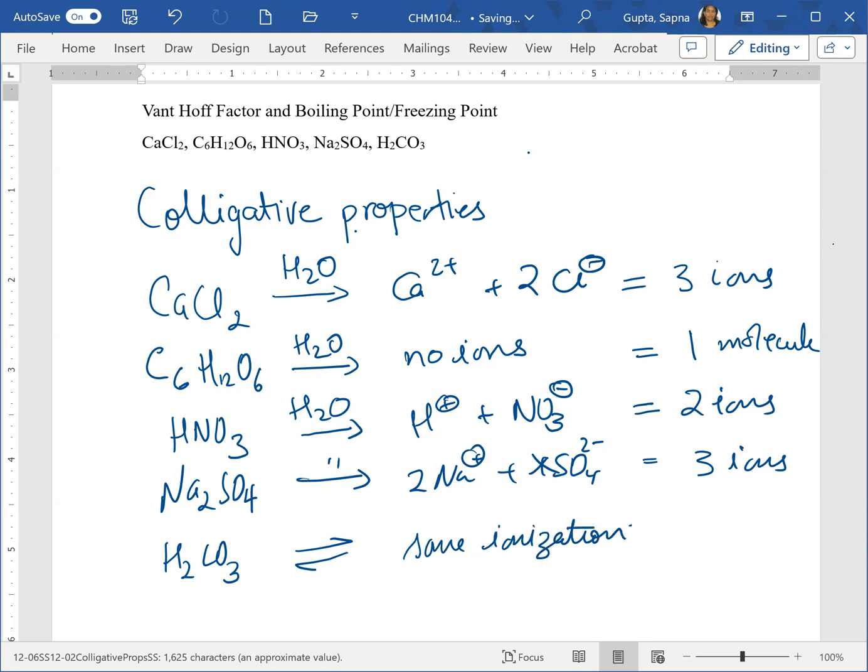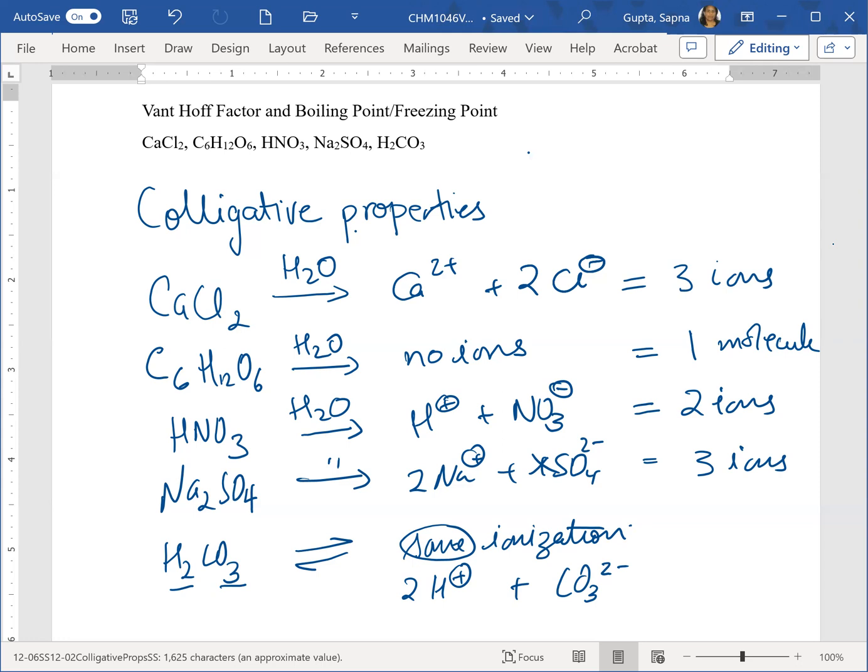If you were to completely ionize this, you would have 2 hydrogen ions plus 1 carbonate ion. But because there is only some ionization and not complete ionization, you have not 3 ions, maybe 2 ions, maybe 2.5 ions.